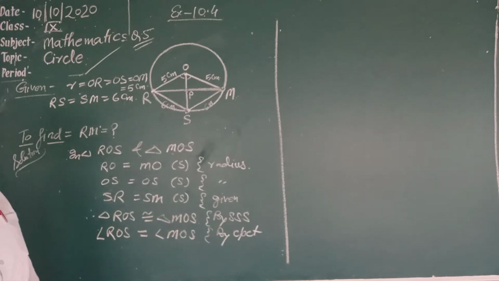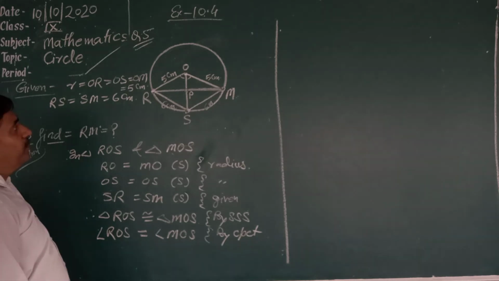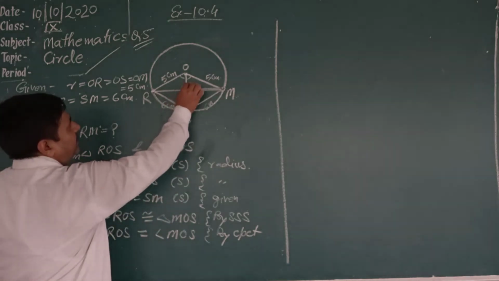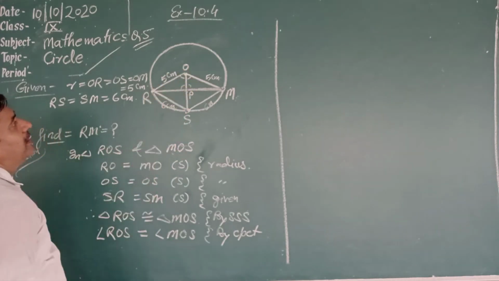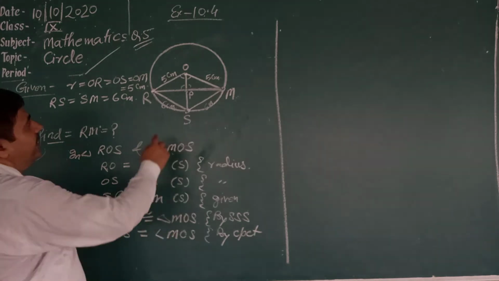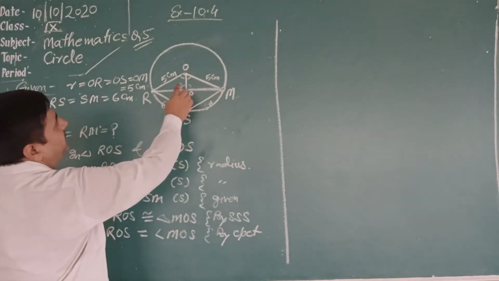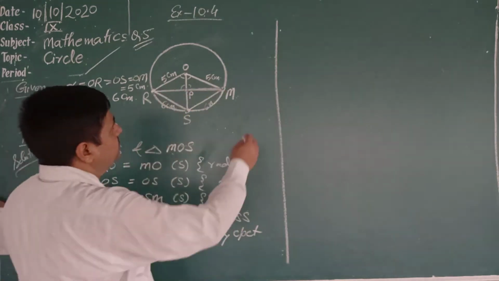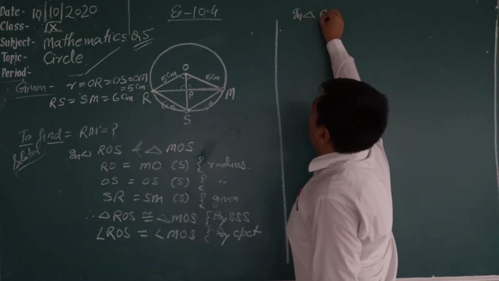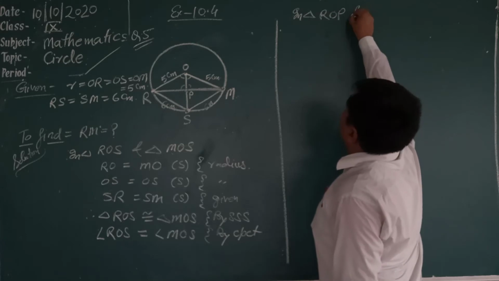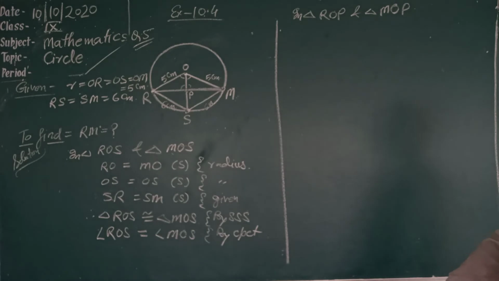And after that we prove that this angle is equal. So to prove this angle equal, which triangle do we have to take? This triangle, ORP and OMP. So now in triangle ROP and triangle MOP.